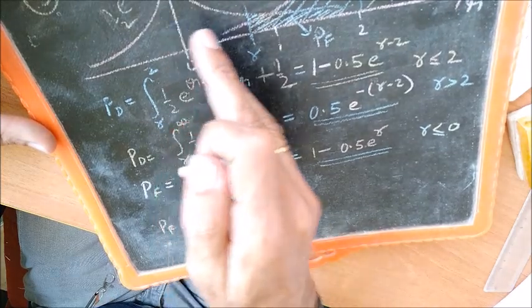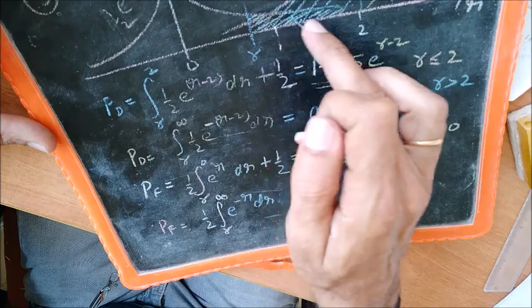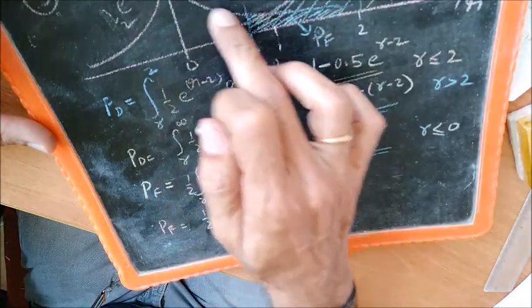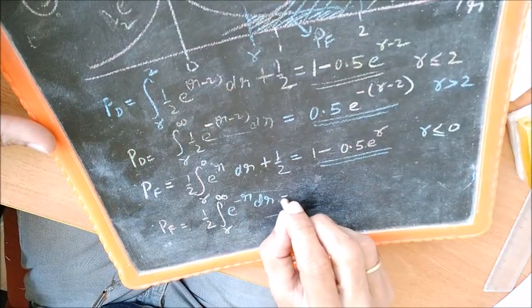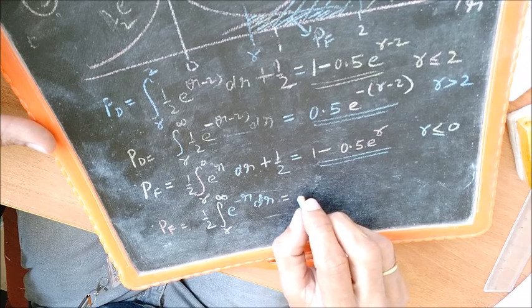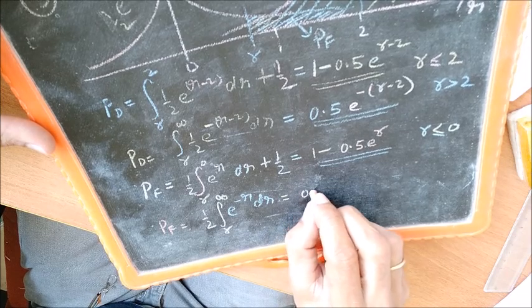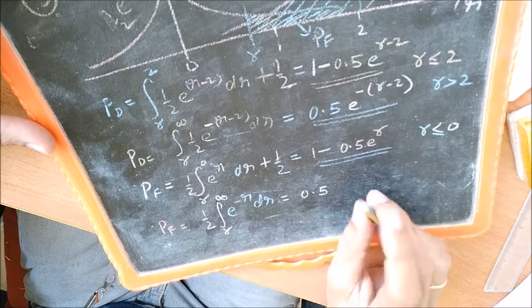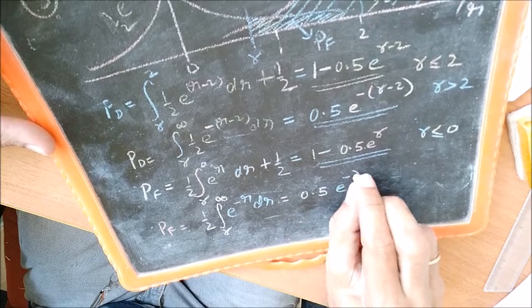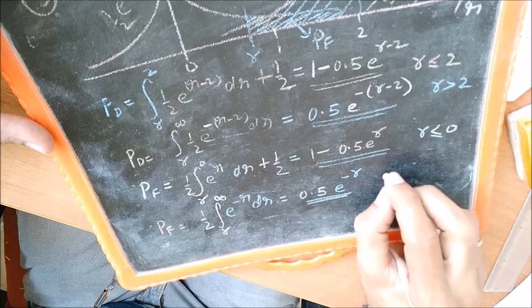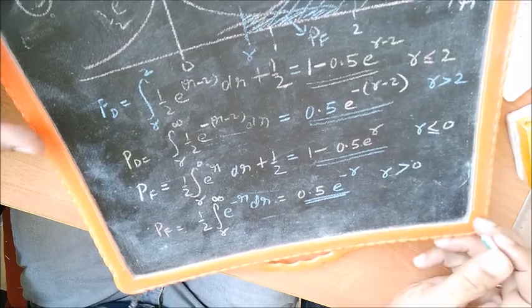Since you are crossing over here, the expression has to be 1 by 2 e raised to minus r, and the result is 0.5 e power minus gamma. So this is for gamma greater than 0.